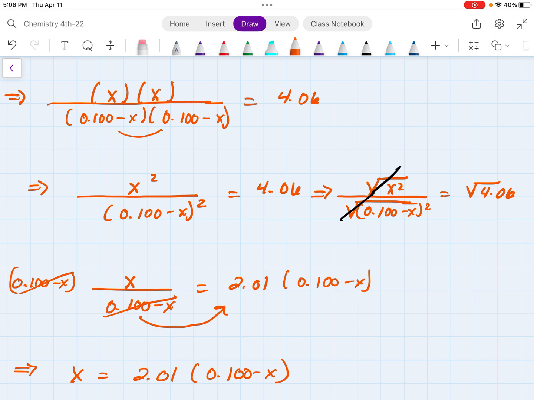Let's go ahead and distribute this here, and so we can simplify. X is then going to be equal to 0.201 minus 2.01 X.